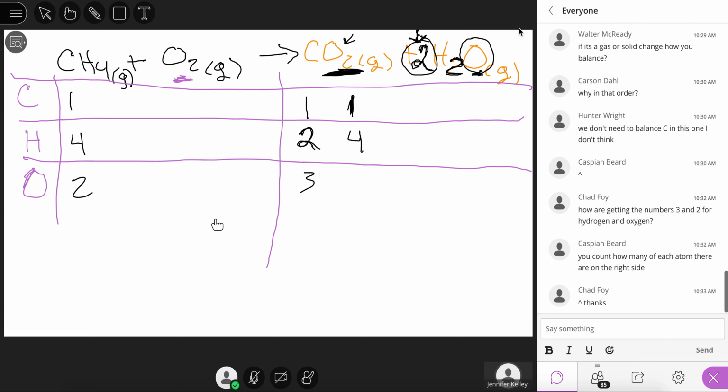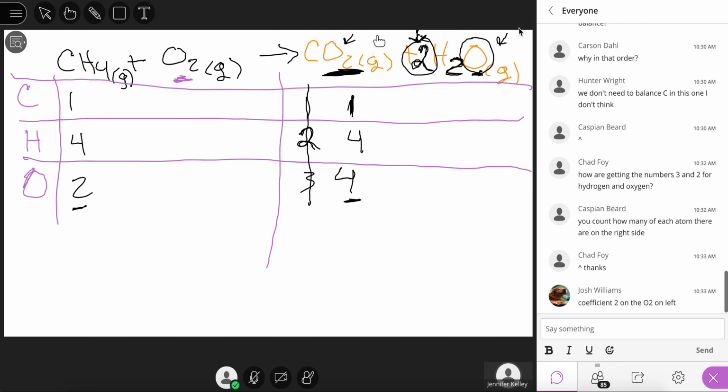So there's these 2, and these 2 is a total of 4. All right, and so now the only thing left to balance at this point is the oxygen. Because we have 2 here and 4 here. So you can draw a line through those because those aren't too much matter anymore once you balance them again.